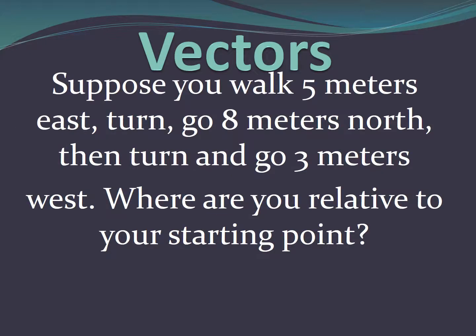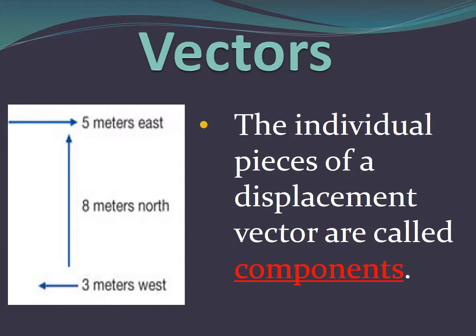So suppose you walk 5 meters east, you turn, go 8 meters north, then turn and go 3 meters west. Where are you relative to your starting point? In order to answer that question, we see that we have individual displacement vectors called components. We said we went 5 meters east towards the right, 8 meters north towards the top, and 3 meters west towards the left.